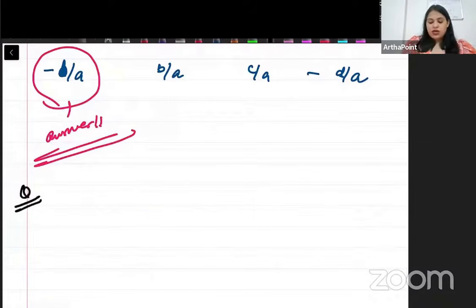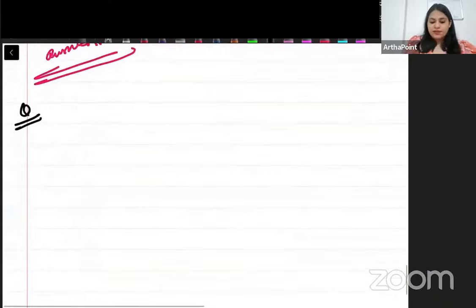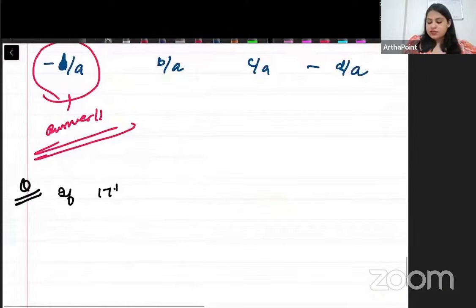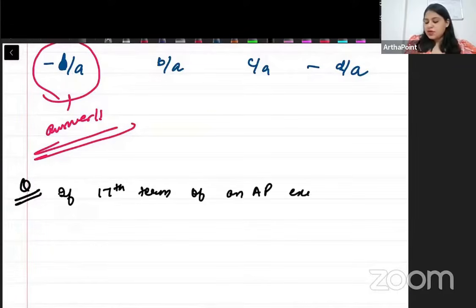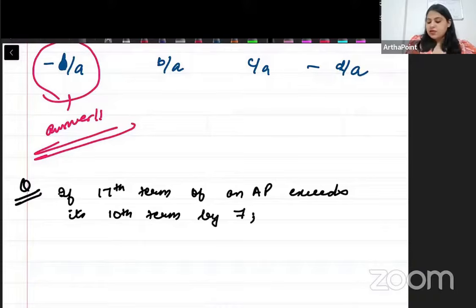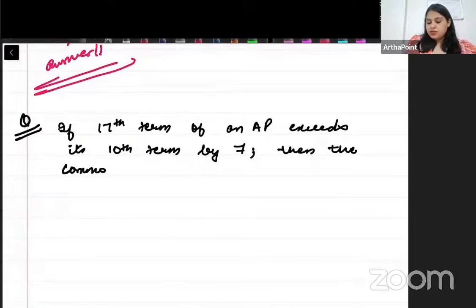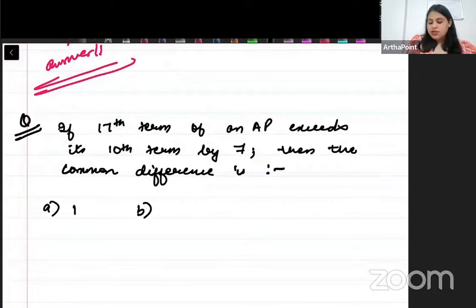So question number 1 that I want to give you is the following. Please write down. If 17th term of an AP exceeds its 10th term by 7, then the common difference is A1, B2, C3, D4.